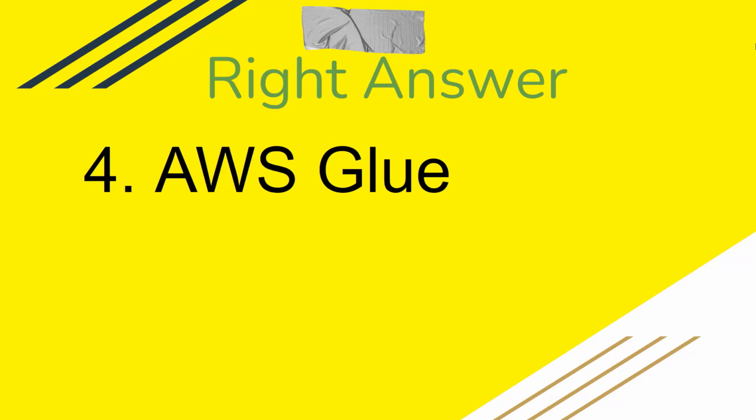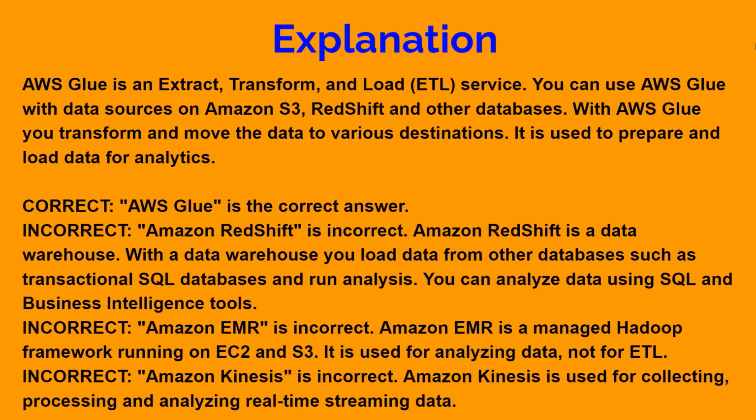AWS Glue. Explanation. AWS Glue is an extract, transform, and load (ETL) service. You can use AWS Glue with data sources on Amazon S3, Redshift and other databases. With AWS Glue you transform and move the data to various destinations. It is used to prepare and load data for analytics.